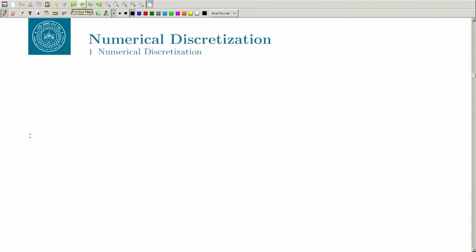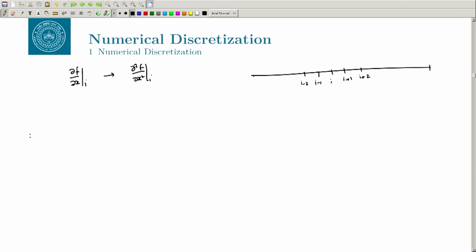In the last class we calculated del f by del x at I, but as we discussed, we also need to find del 2 f by del x square. And ideally you can find any order derivative using the Taylor series method. If you use the same discretization, I plus 1 and I minus 1, right now we are only using a uniform mesh.